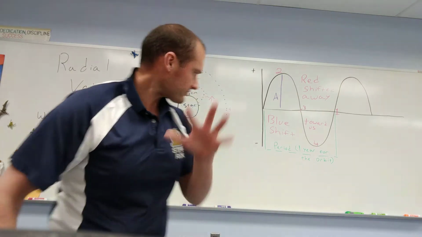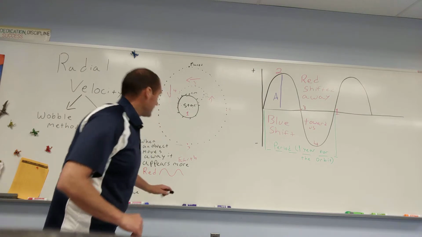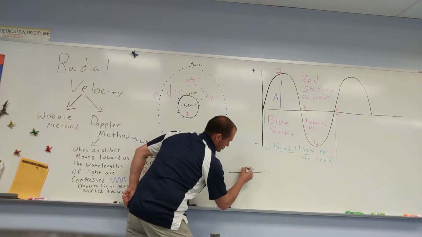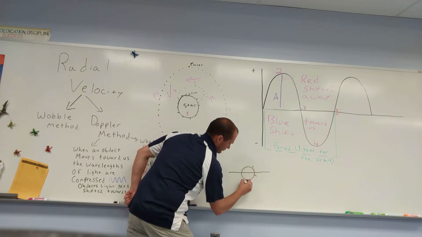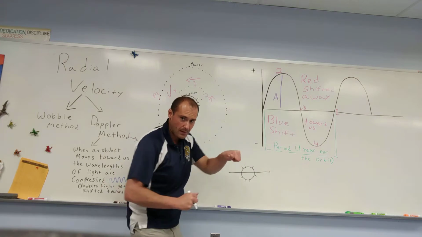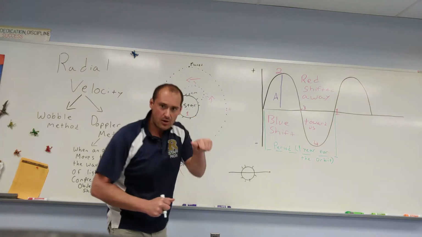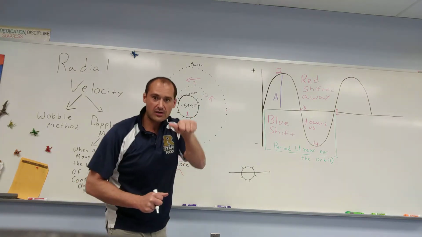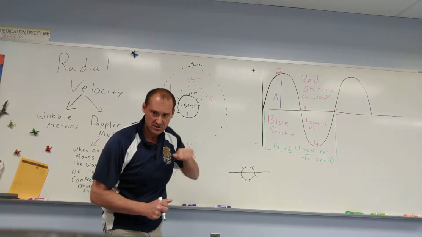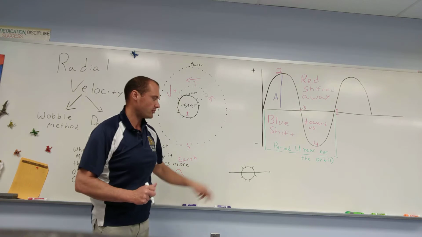The other problem is if the system's oriented like this, where you have your star and you have your planet going around it and it's causing that star to wobble back and forth like this, yeah, we're getting a Doppler effect right now. My fist comes towards my cell phone, away from my cell phone, towards my cell phone, away from my cell phone.